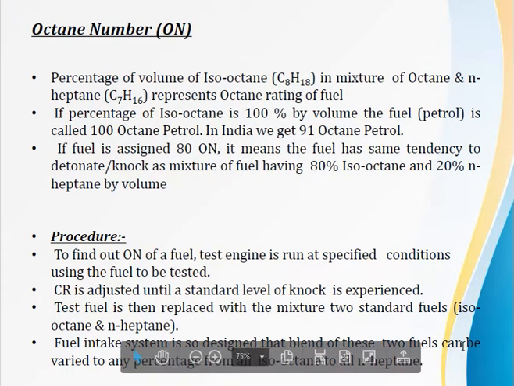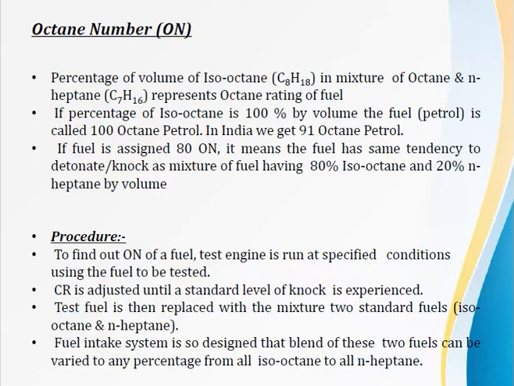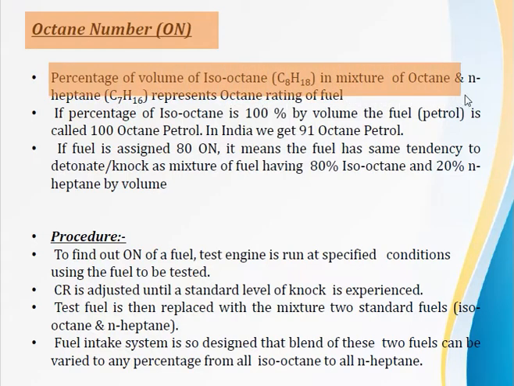Now let us go in detail into what an octane number is. Octane number is the percentage by volume of isooctane, C8H18, in a mixture of isooctane and N-heptane, and it represents the octane rating of the fuel.